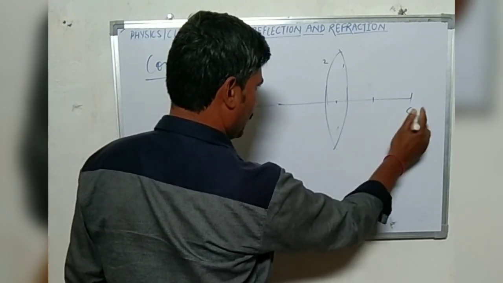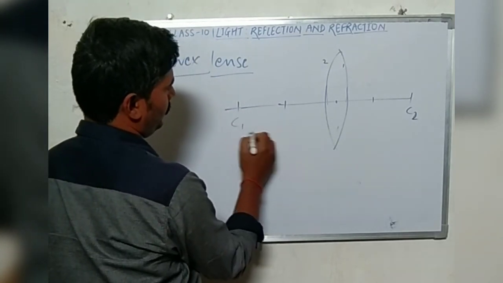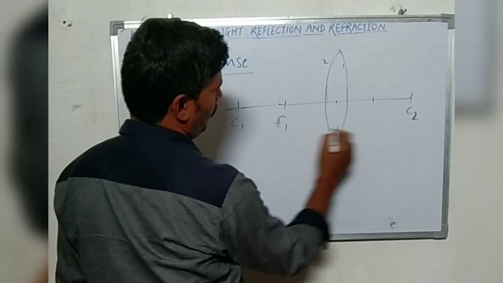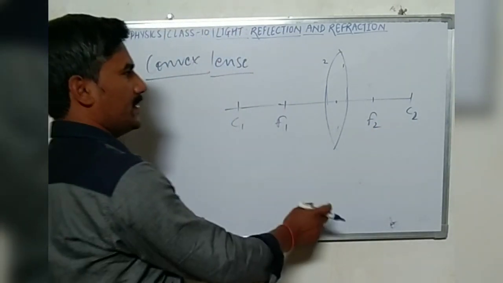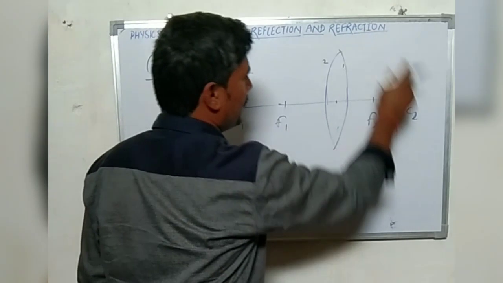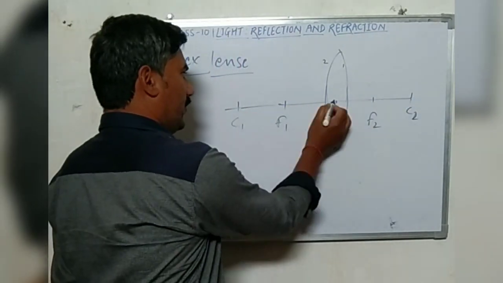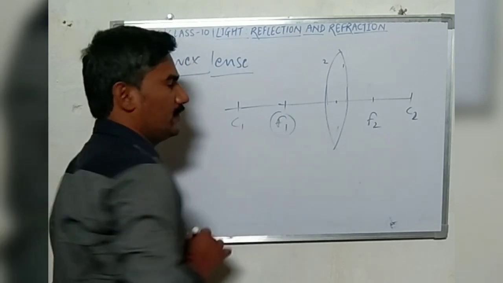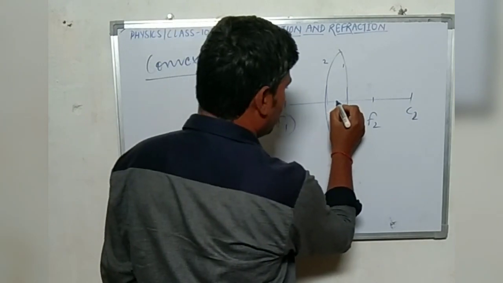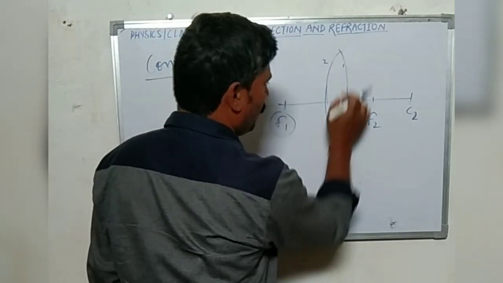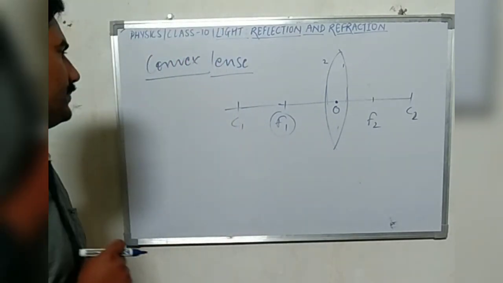Each surface has a center of curvature and a focal length. As we have discussed, there are two surfaces and each surface has a center. Similarly, half of that distance is the focal length. The middle of these two surfaces is known as the optical center.